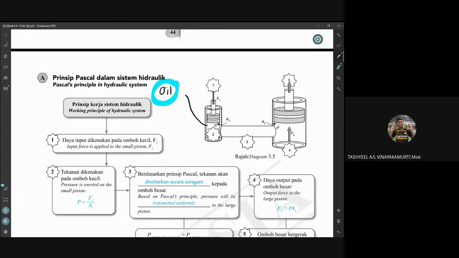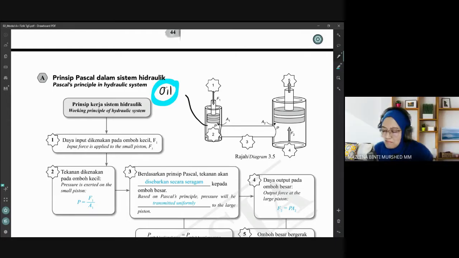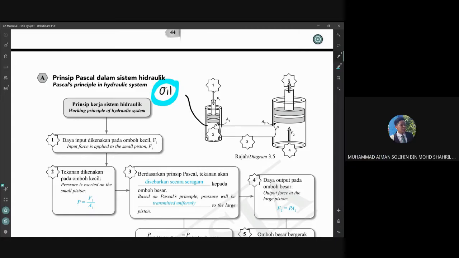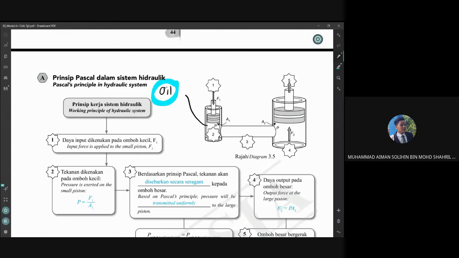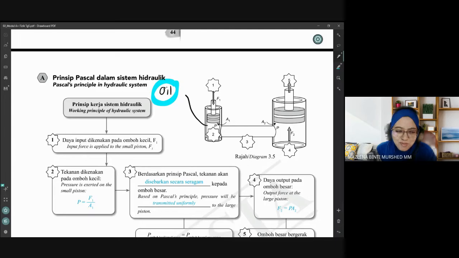Kalau density rendah, pressure pun rendah. Jadi? Kenapa nak guna minyak? Why oil? Apa kaitan density dengan pressure? Kalau pressure rendah, so? Apa, Aiman? Saya tak dengar awak punya suara putus-putus.